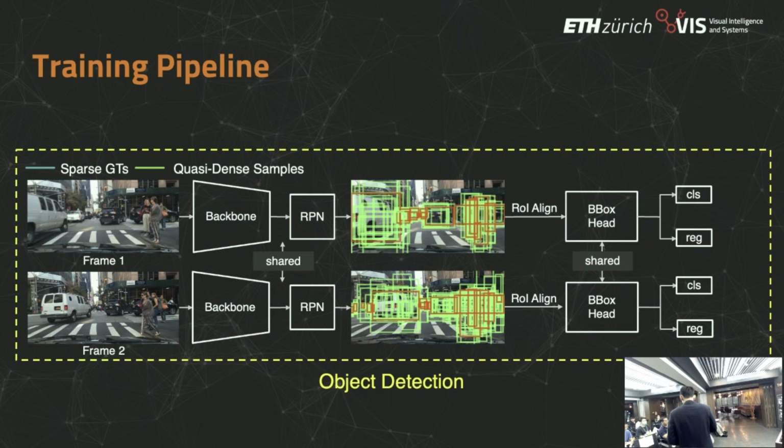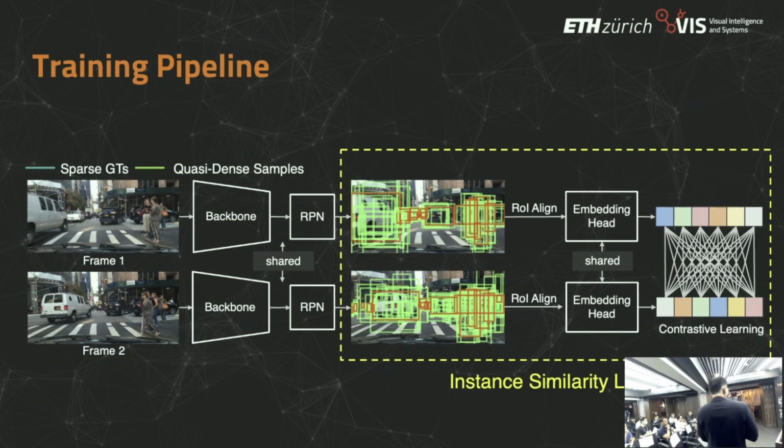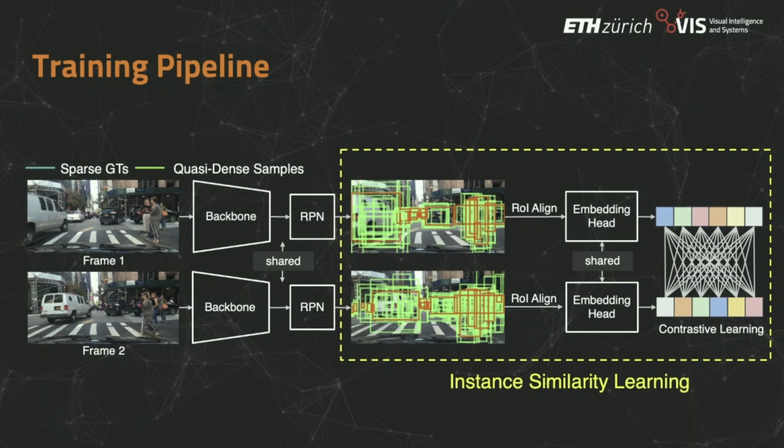So this actually fits very nicely into the existing detection method. Remember, this is the detection method for Fast R-CNN. This is a two-stage method. We first pass the image into a feature extractor, and then pass it to the RPN to extract object regions, and then use another bounding box head to refine the location of the objects. What we can do is reuse the same RPN features, the same region proposal features, and then pass them into a different head, an embedding head.